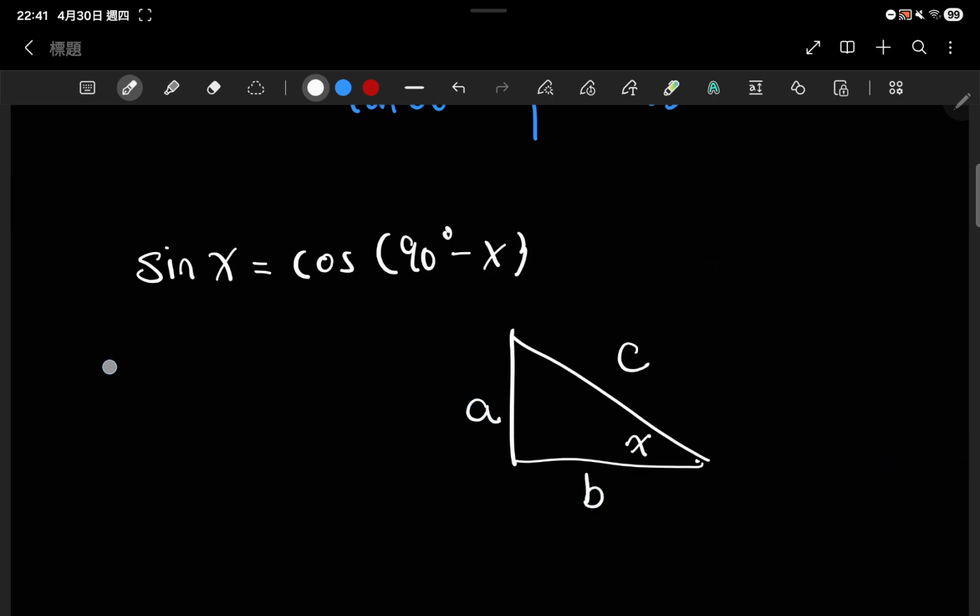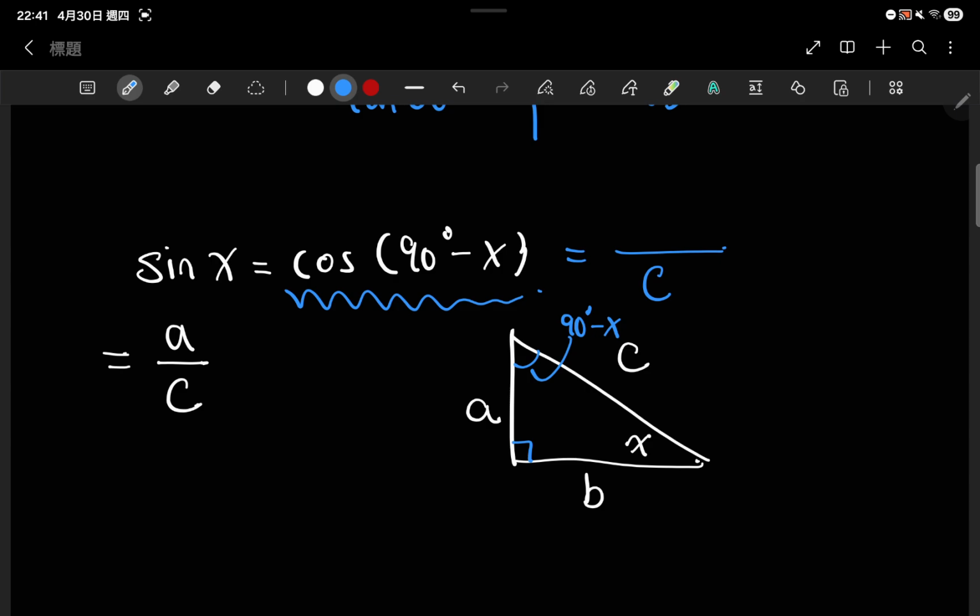So sine x is a over c, right? Next, how about cosine of 90 degree minus x? This is 90 degree minus x, right? Cosine is the adjacent side over hypotenuse. The hypotenuse is also c, right?